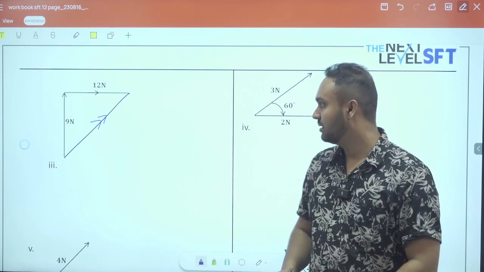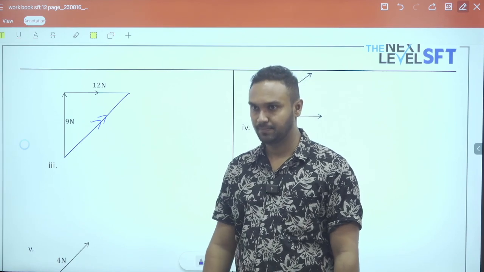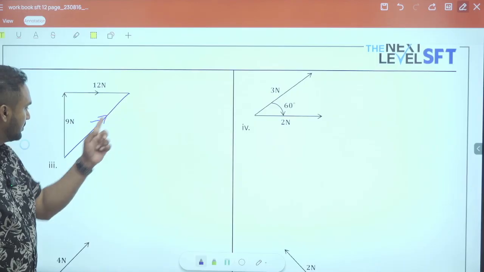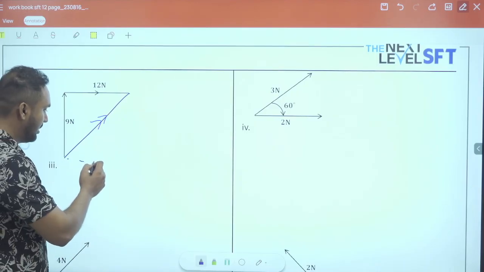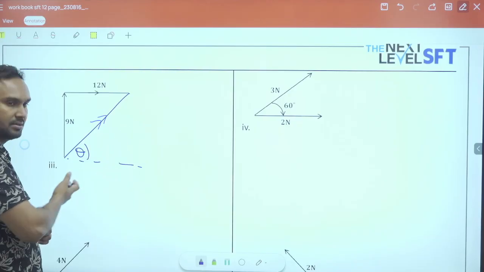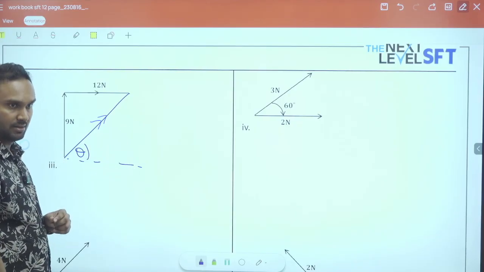Where's the direction of the resultant force here? This is the resultant force, and the x axis is here. So this is theta, but it has no opposite or adjacent. So we should get this into the triangle. How do you do this?